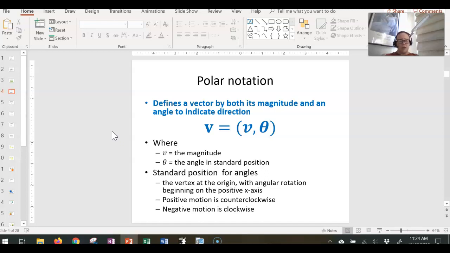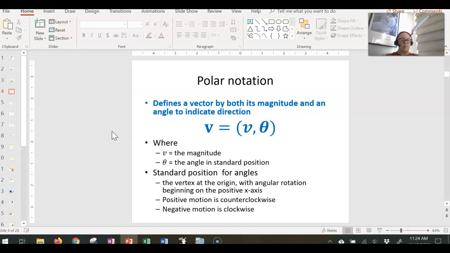So in polar notation, a vector is defined by giving its magnitude and the angle in standard position that indicates its direction. And so the vector would equal, and you would put in parentheses, first the magnitude and second the angle in standard position.